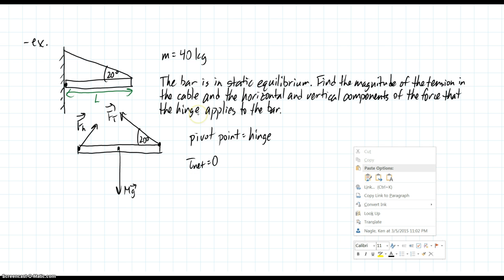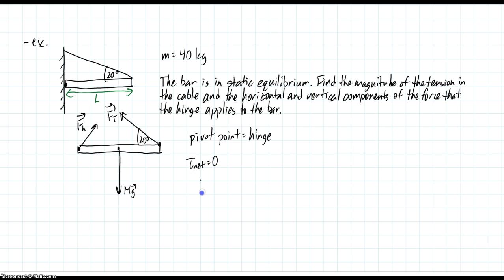So we have the gravitational force, which will provide a clockwise or negative torque. It is a distance L over 2 from the hinge. Force equals mg. And the r vector there is making a 90-degree angle with that force. So we have negative L over 2 mg sine of 90 degrees. The tension is one full length of the bar away from the hinge, so length L. Force is F sub t.